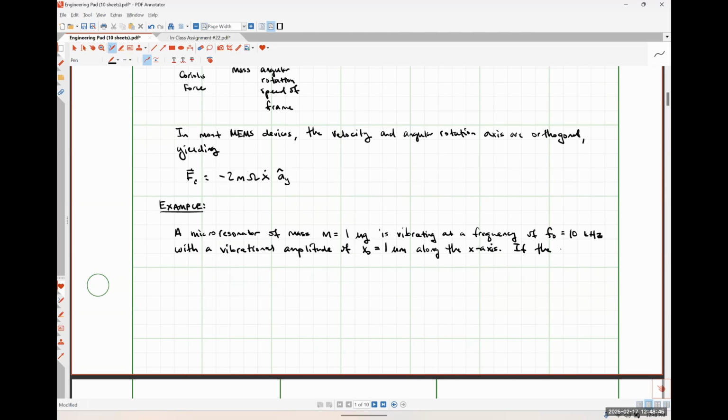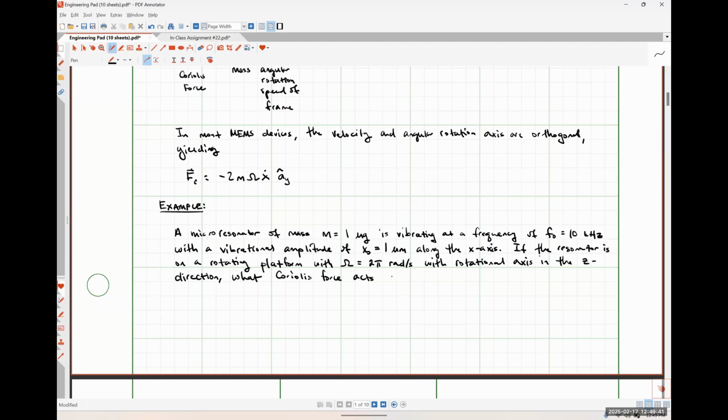If the resonator is on a rotating platform with omega equal to 2 pi radians per second, meaning just rotating once every second, with rotational axis in the z direction, what Coriolis force acts on the mass?